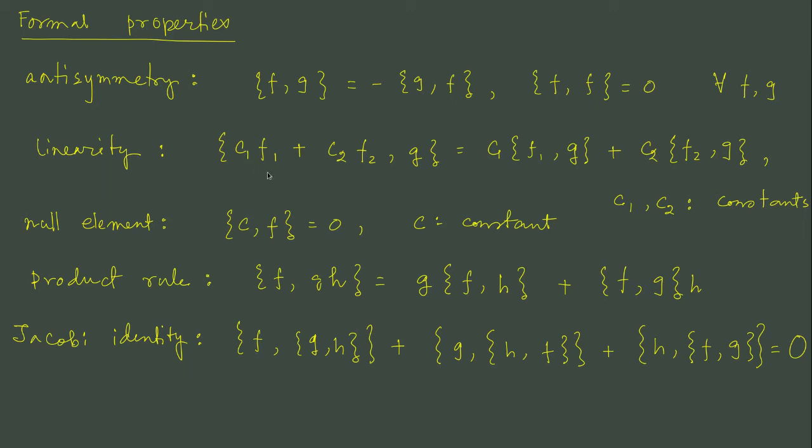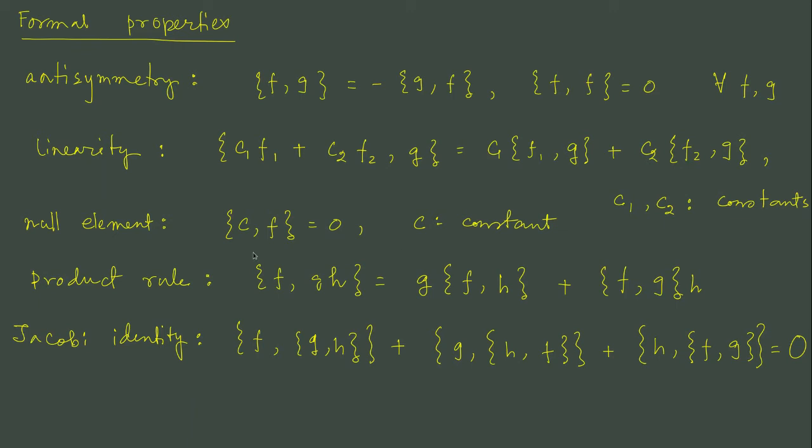They are linear. If you add two dynamical quantities C1 F1 plus C2 F2, where C1 and C2 are constants and F1, F2 and G of course are general dynamical variables, then we get C1 times the bracket of F1 and G plus C2 times the bracket of F2 and G. These properties you can get just by substitution.